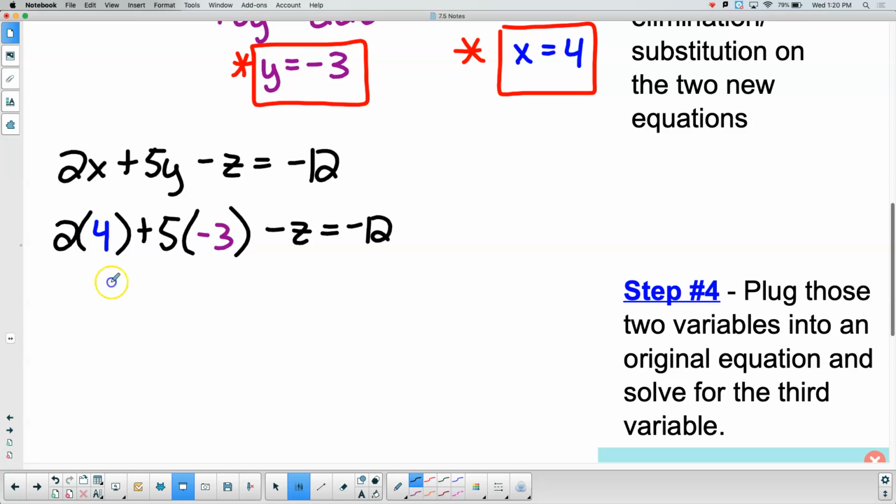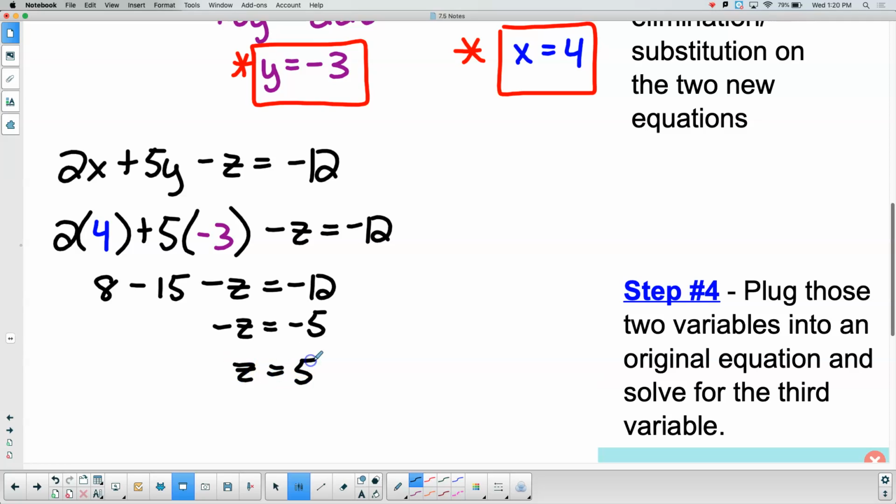So that is 8 minus 15 minus z is negative 12. So that's negative 7. So that's going to be z equals negative 5. So z is positive 5. Yes?